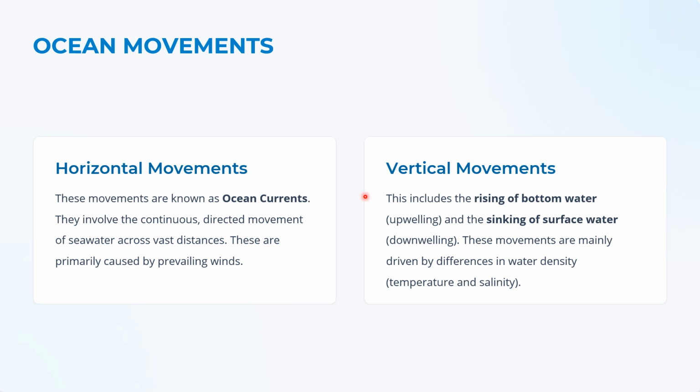Now, what is vertical movement? Do you know about the vertical movement of the sea? Have you ever been to any coastline of any ocean? Have you ever seen waves break on the coasts, on the seashores?